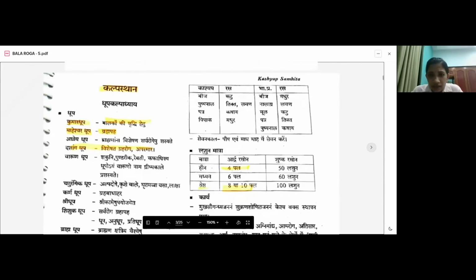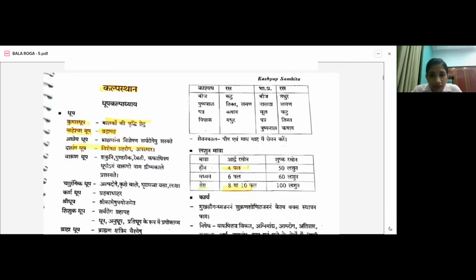And here Kashyapacharya mentioned the Lashuna Matra. The Hina Matra for intake of Lashuna is 4 Pala. In the case of Ardra Rasona, we can take 4 Pala as Hina Matra, 6 Pala as Madhyama Matra, and 8 or 10 Pala is the Shreshta Matra.